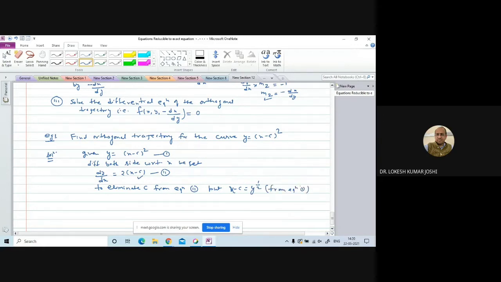If we substitute it, we get dy/dx = 2y^(1/2). This one will become 2y^(1/2).